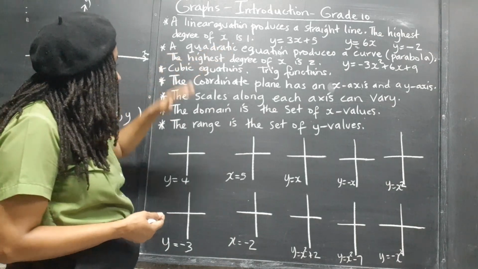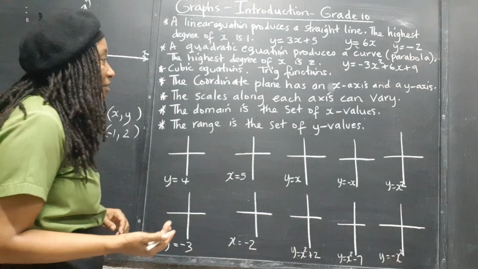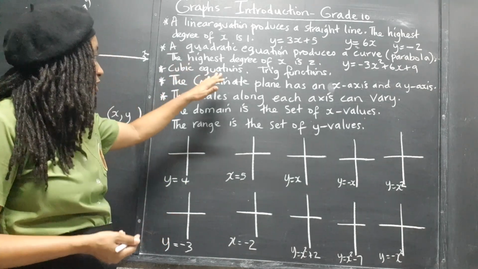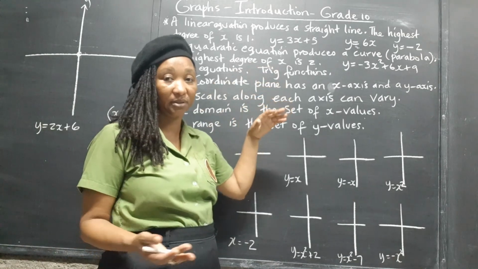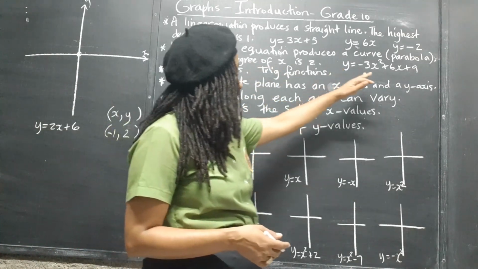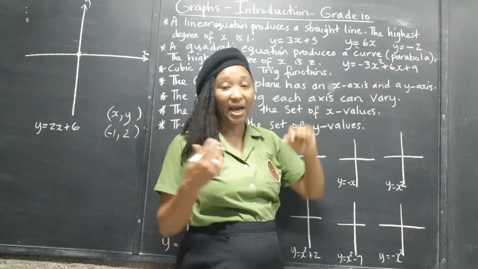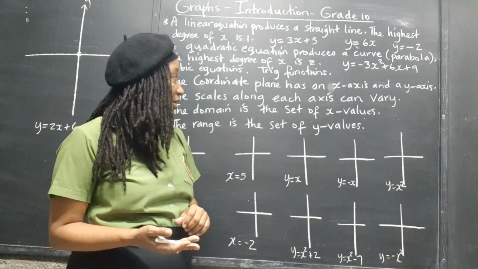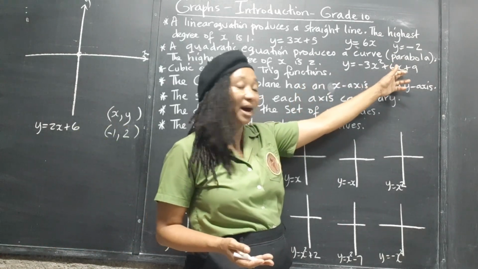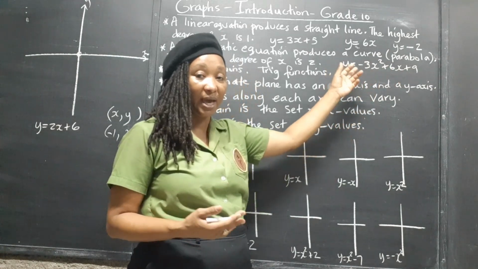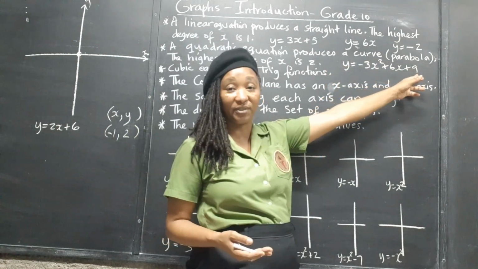A quadratic equation produces a curve, which we call a parabola, and the highest degree of x, or the variable, is 2. So we have x squared. That's the highest degree of the x in that equation. We could have x to the power of 1, but the highest degree is x squared, also x to the power of 0.